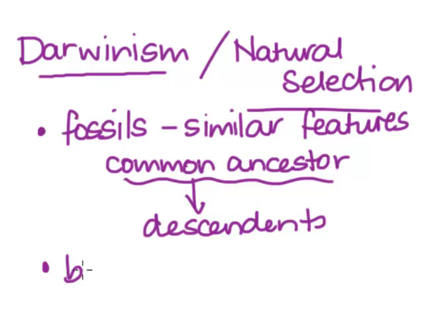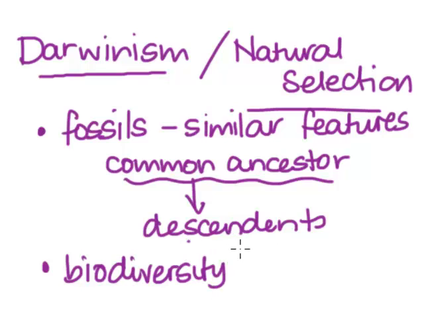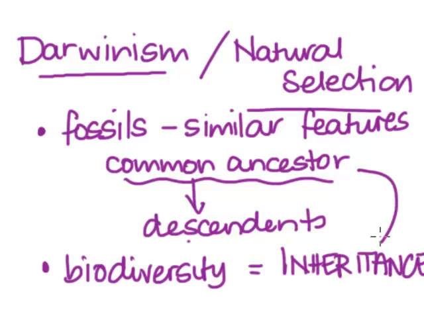And so he looked at the idea of biodiversity, and he suggested that biodiversity is not just a function of adaptation to climate and environment, but that sometimes something that was involved was inheritance, once again from a common ancestor.